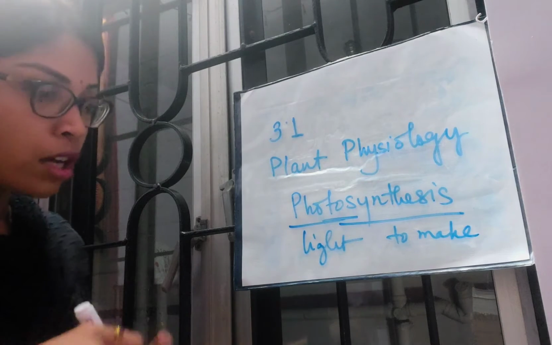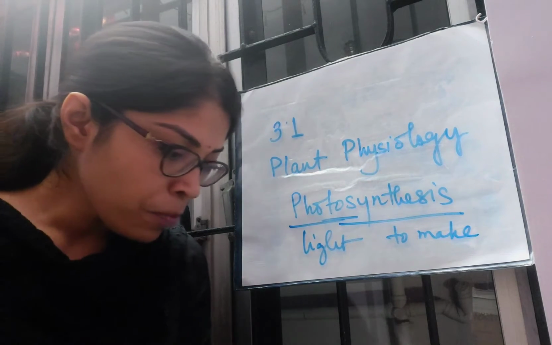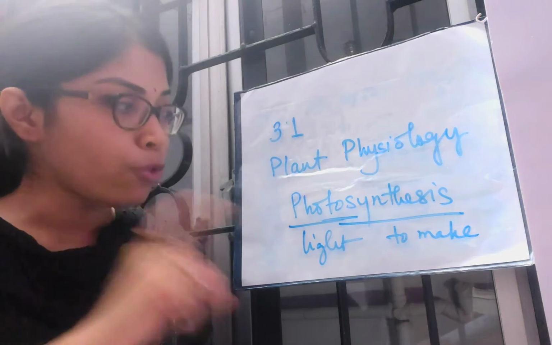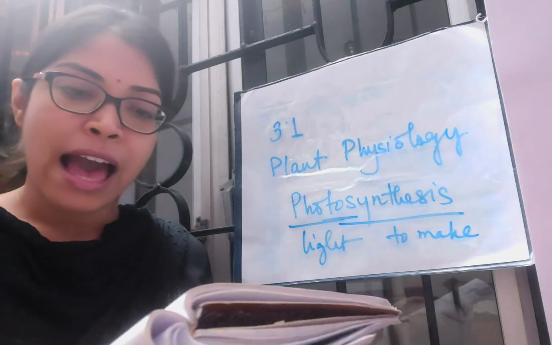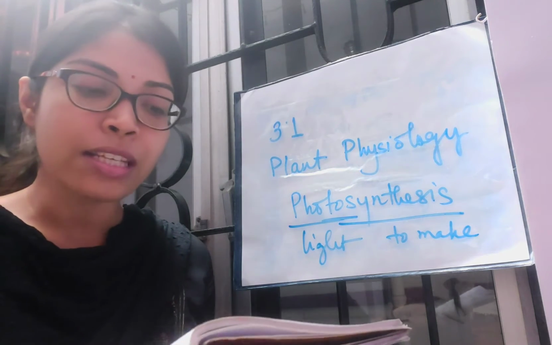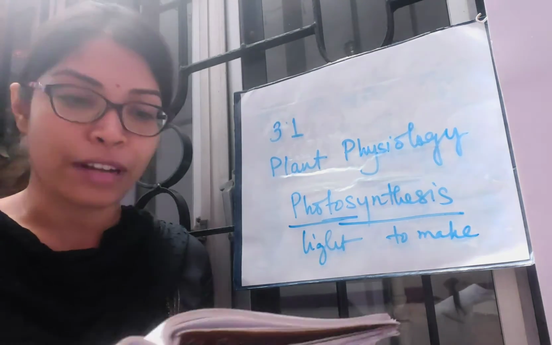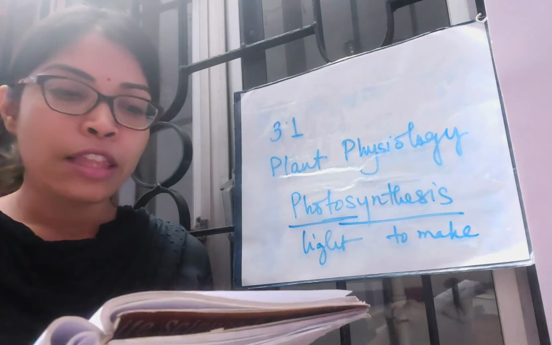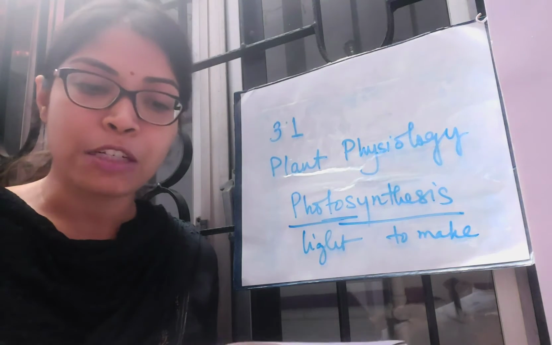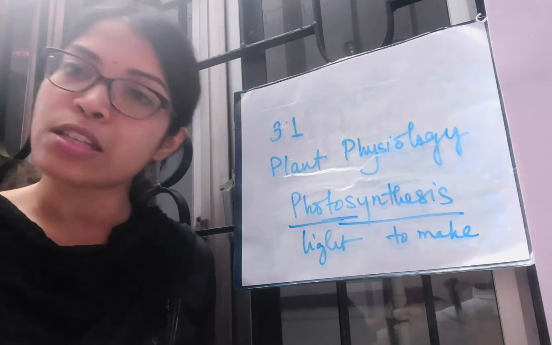Look at your book. The word photosynthesis is derived from the Greek word photos, meaning light, and synthesis meaning building up, or the synthesis of some product in the presence of light. Therefore the process by which some energy rich organic compound is made by green plants in the presence of sunlight is known as photosynthesis.